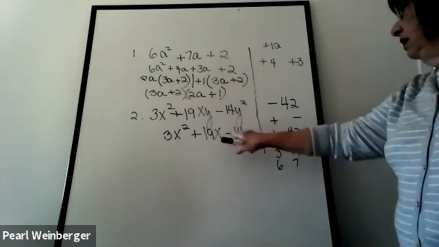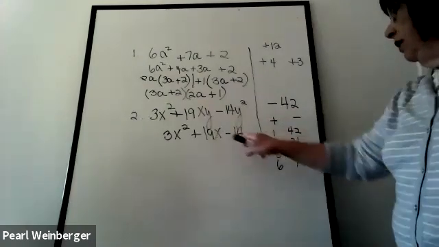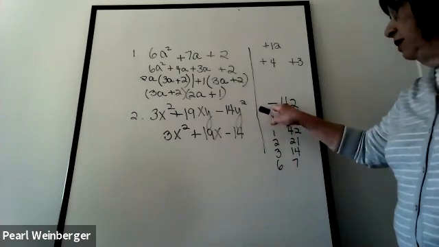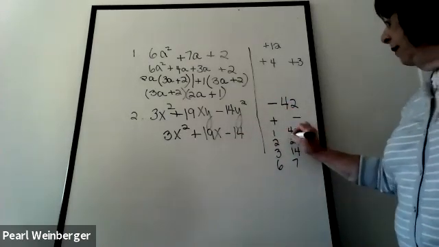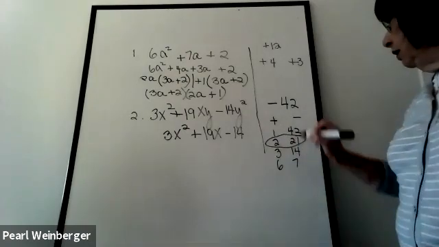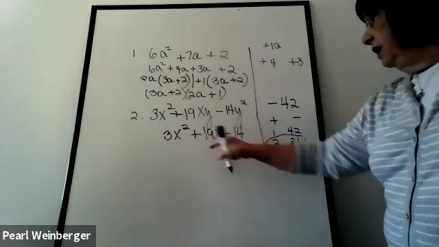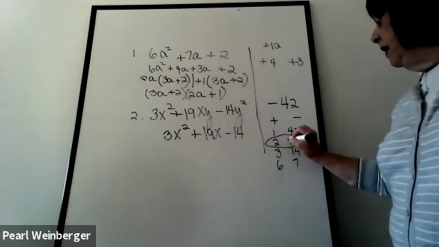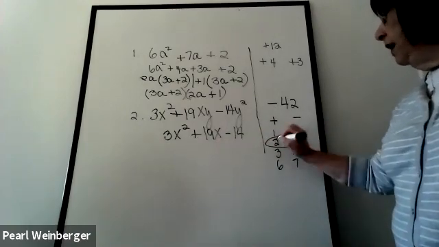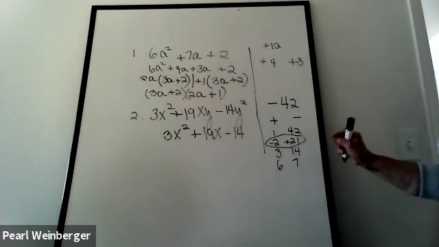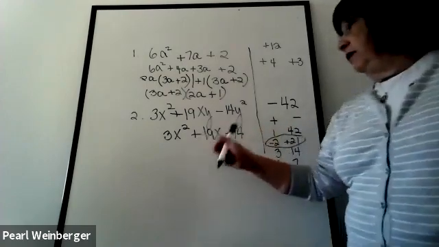But since this sign is negative, we want the two numbers to multiply to 42, but subtract to 19. Well, that must be the 2 and the 21. And since this is a positive 19, it's going to have to be the 21 that's positive and the 2 that's negative, because the larger number has to be positive.